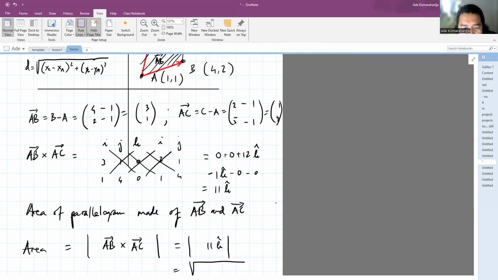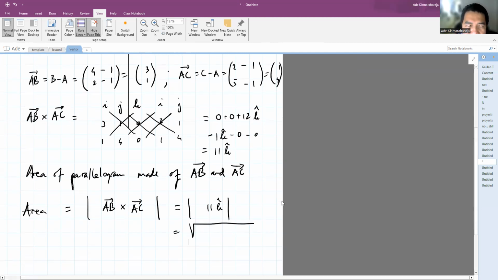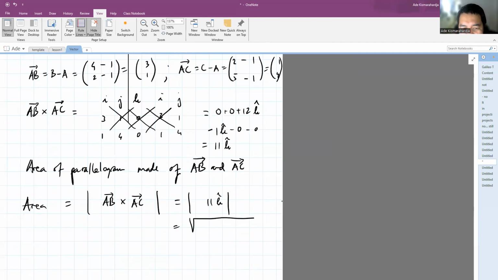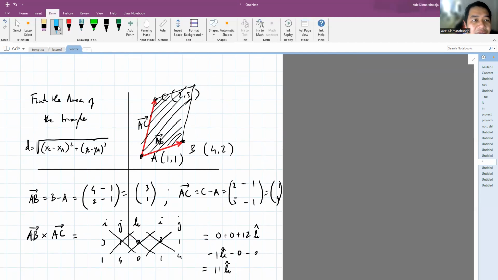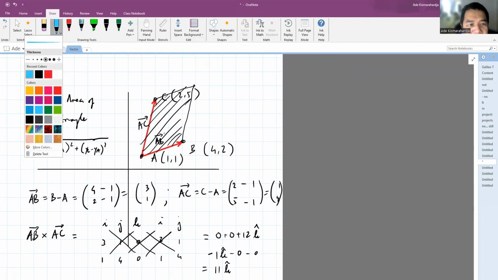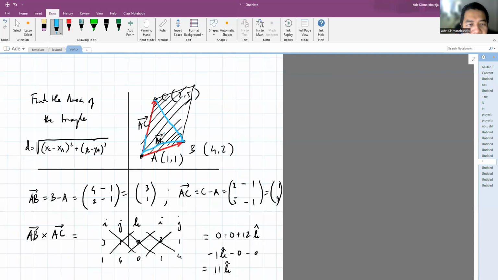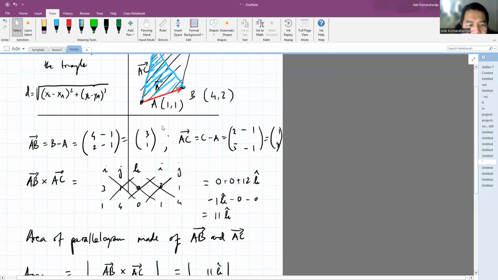So I know in this case, we only have one component. So it's just square root 11 square. So that's 11. So that's actually the area of this parallelogram. And as you see here, the triangle is just half of the parallelogram, right? The area of the triangle, therefore, it's just half times 11.